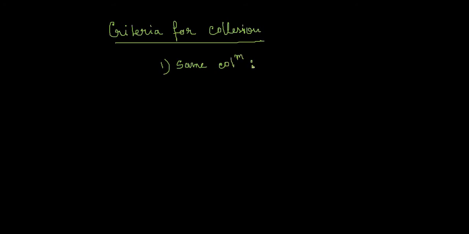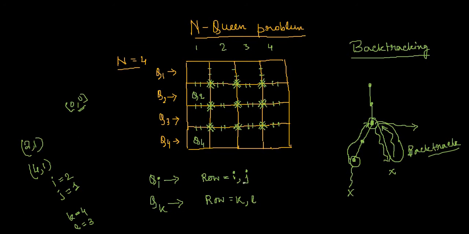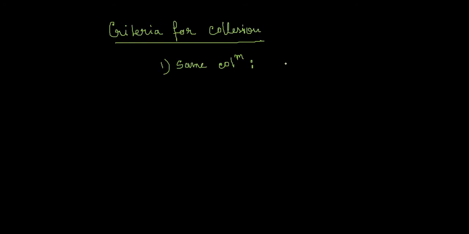Same column means, with respect to this assumption I comma j and K comma l, j is equal to l, as we have seen. This is j for the queen I case and this is l for the queen K case. So same column means j will be equal to l.